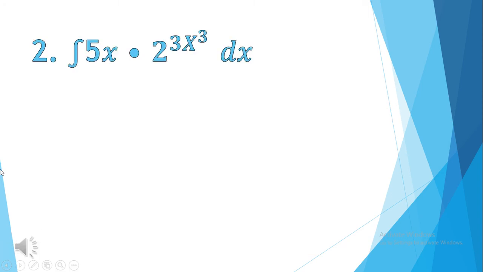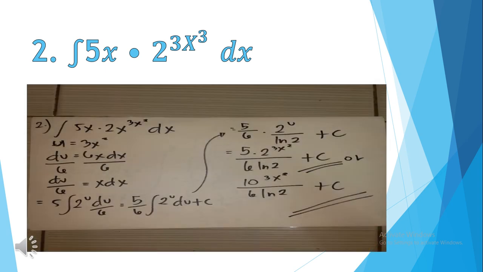Number 2, integral of 5x times 2 to the power of 3x squared dx. Then we need to find the u and the du. Our u is equal to 3x squared and our du is equal to 6x dx, and dividing each side by 6, we get du over 6 is equal to x dx. So we need to do the integration rules.